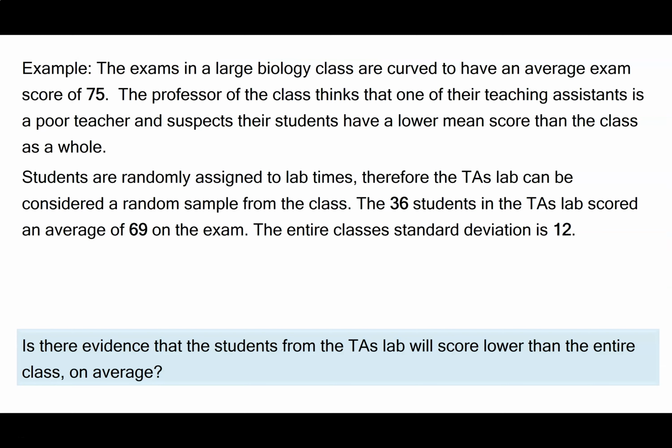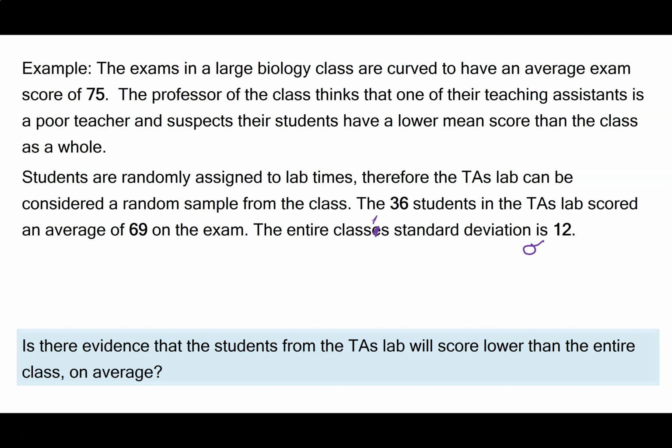So we're back to this example with a biology class. The average exam score is 75. They randomly select 36 students in that TA's lab. Those 36 students have an average of 69 on the exam, and the entire class standard deviation is 12.